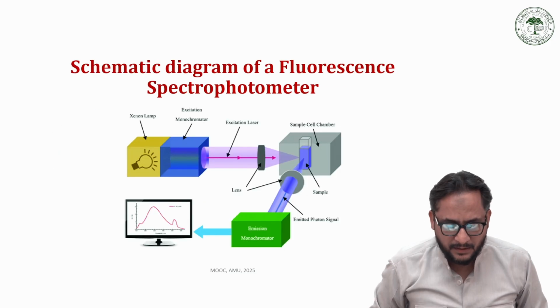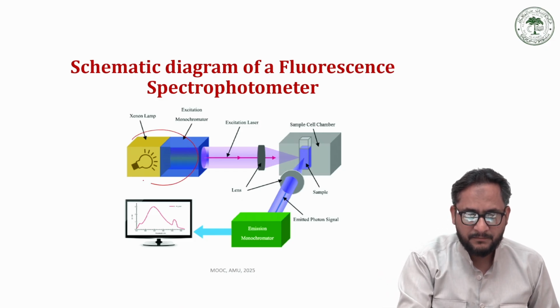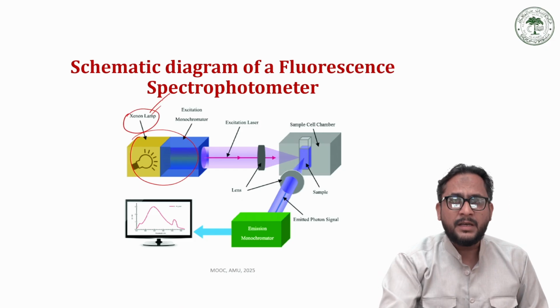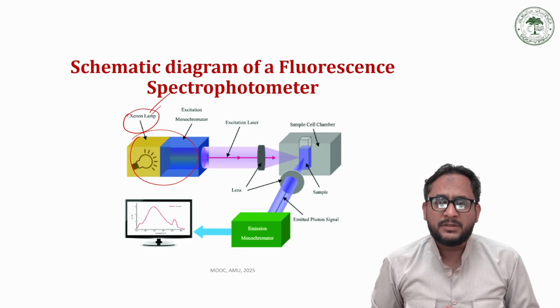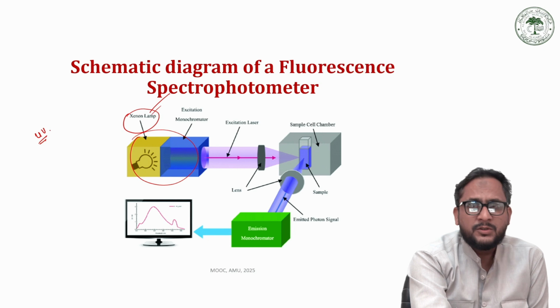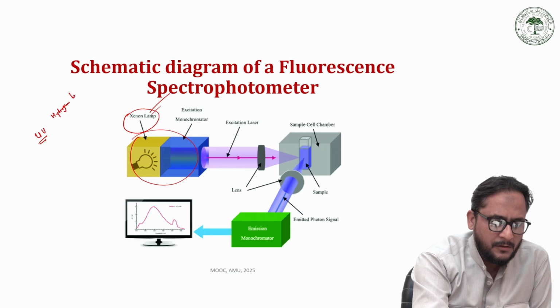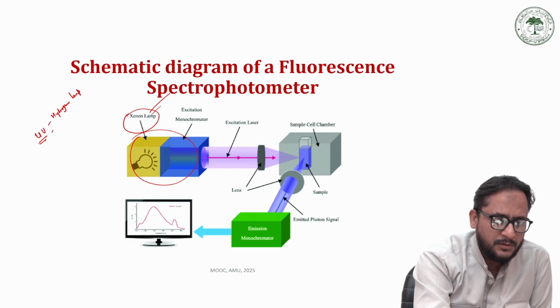This is again a diagram where we have a light source. Xenon lamps are quite common for fluorescence analysis, while in case of UV visible spectroscopy, if we are using UV radiations, we use hydrogen lamp. We sometimes also use deuterium lamp.